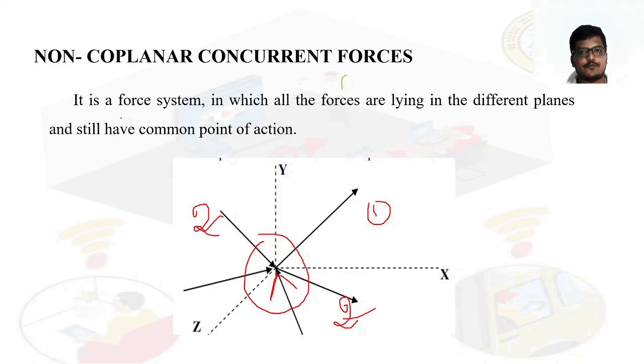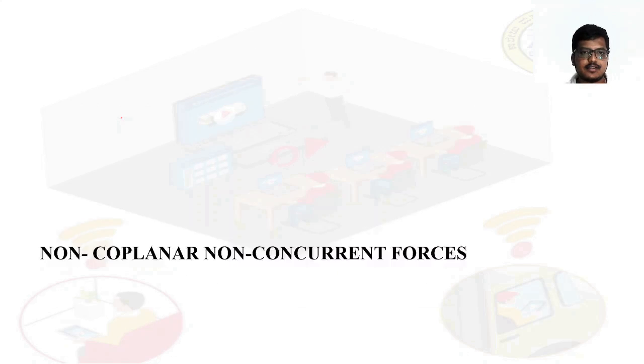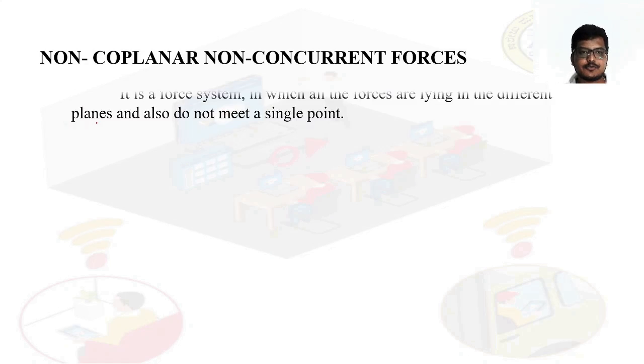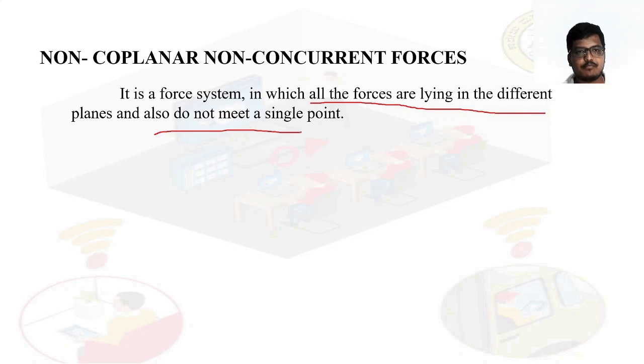Non-coplanar concurrent forces. Okay, so next one is non-coplanar non-concurrent forces. So here the forces are not only in the same plane, they are in different planes and they do not meet at a point also. It is a force system in which all the forces are lying in different planes and do not meet at a single point.